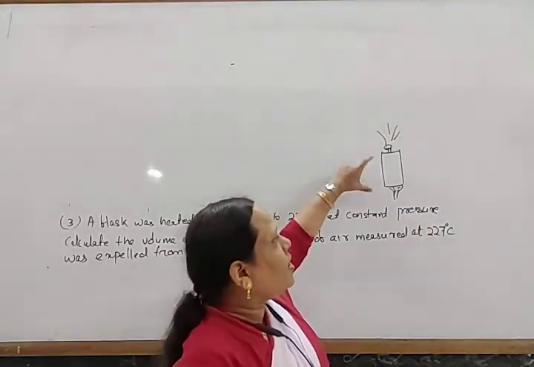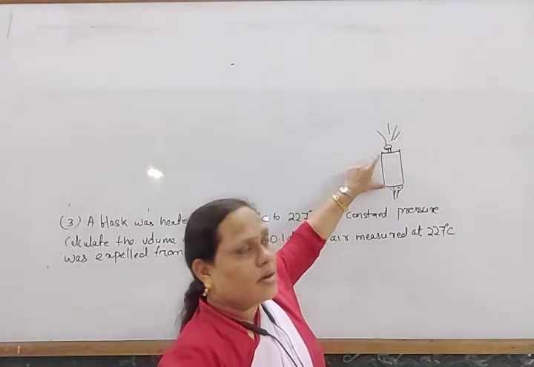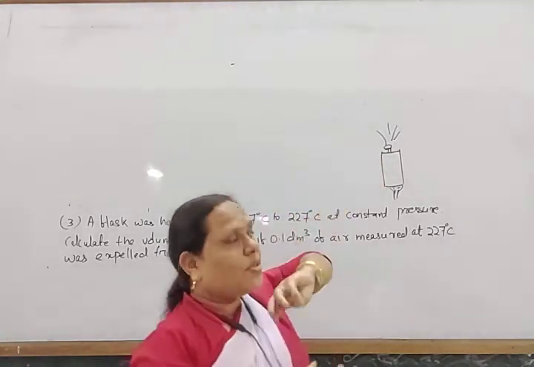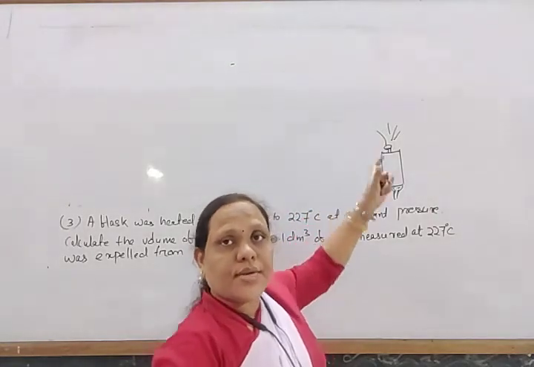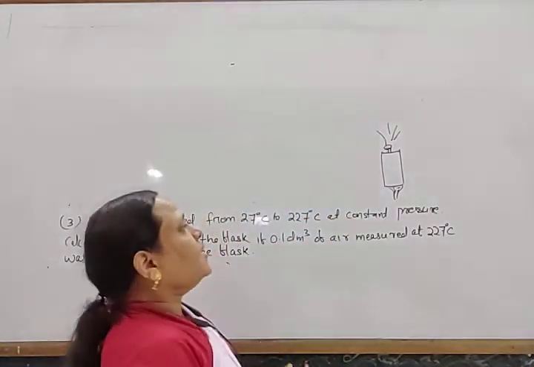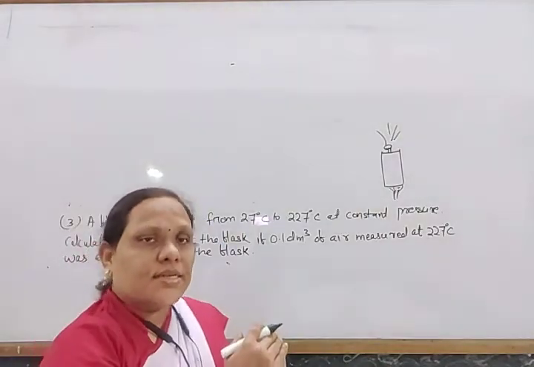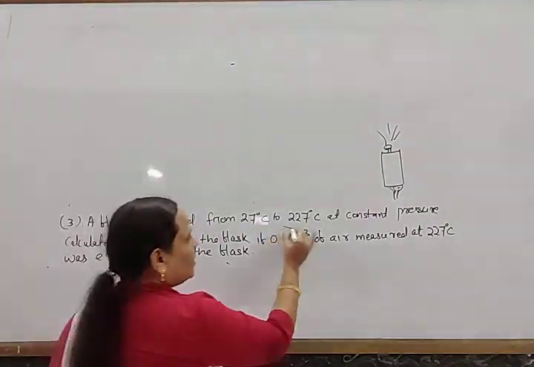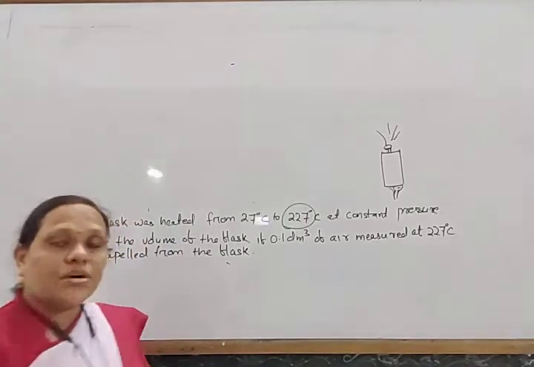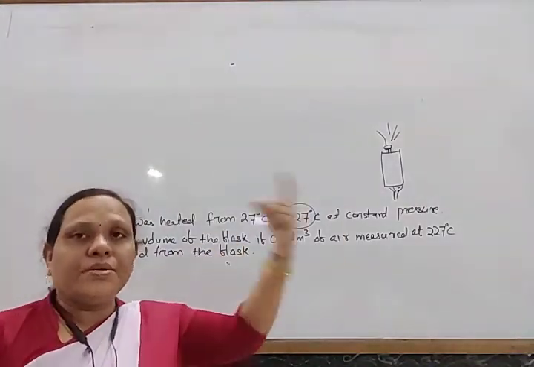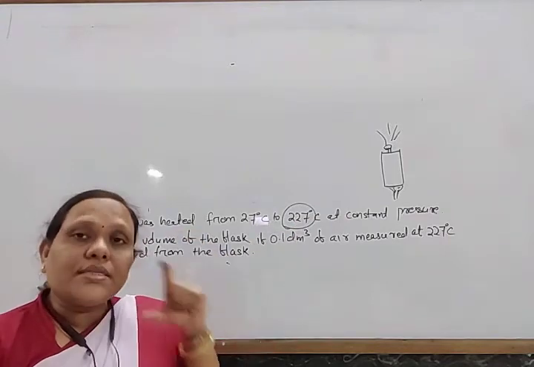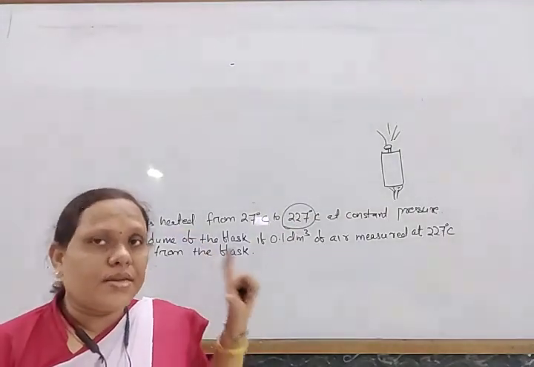What is the volume of the excess gas that escapes, and what is the volume of the container that remains there? So at 227 degrees Celsius, the excess volume will be removed, that will escape out.